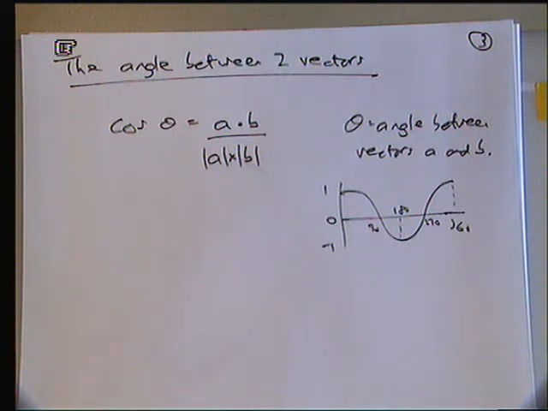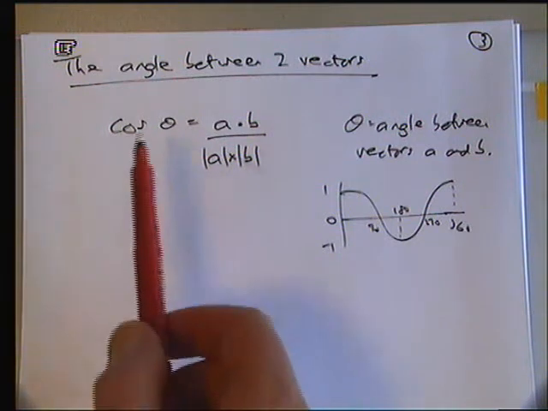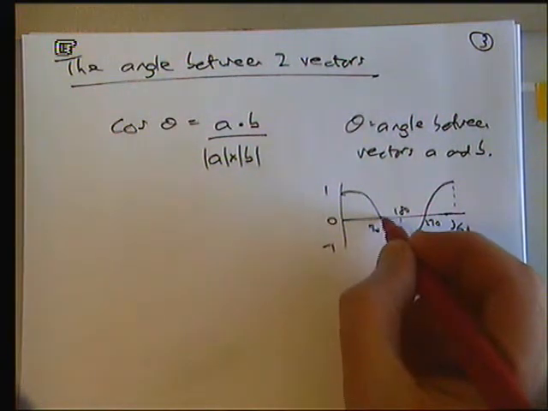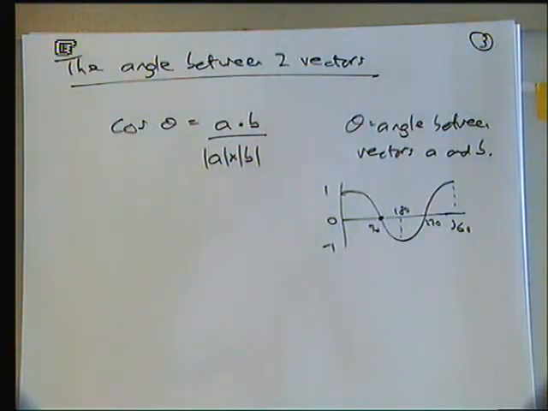If two vectors are going to be at right angles to each other, if they're perpendicular, what can you tell me about the value of cos of theta, the angle between them? If they're perpendicular, at right angles, what's the value of theta, first of all? If they're right angles, what's the angle between them? 90. That's here.